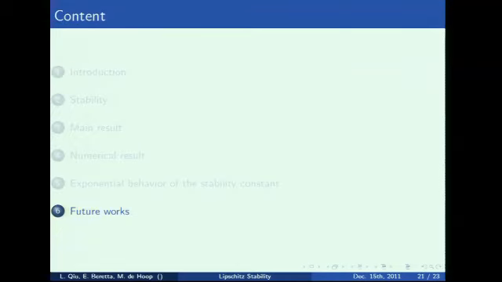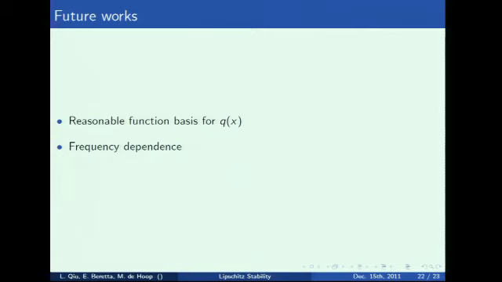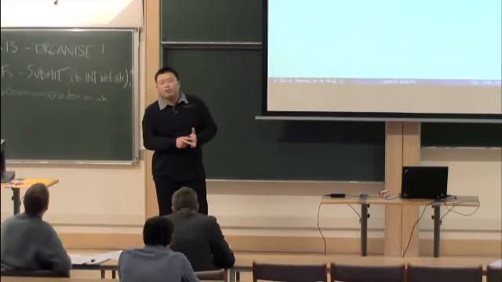And some future work along this way. I think the most important thing is the second one, frequency dependence, because for this work we combine them together, like the frequency and the Cx, because Q equals omega squared over Cx squared. But for the real case, usually we have multi-frequency data available.